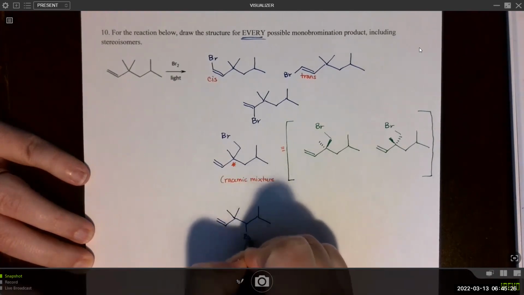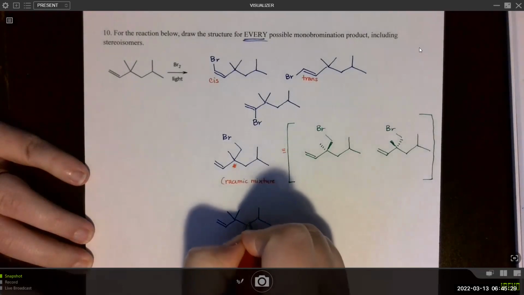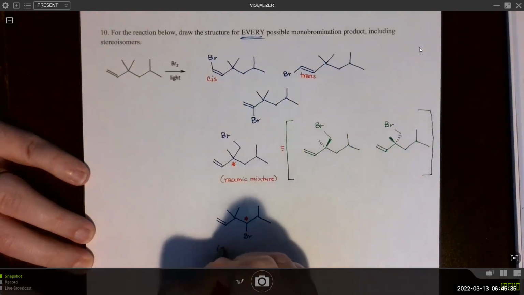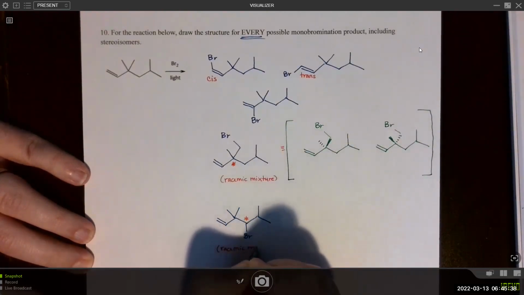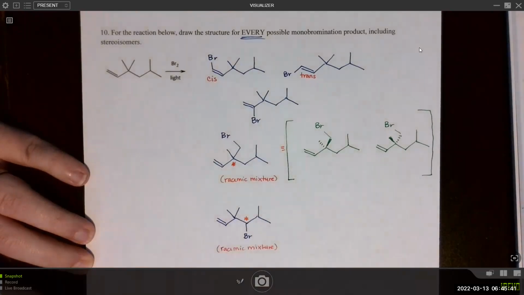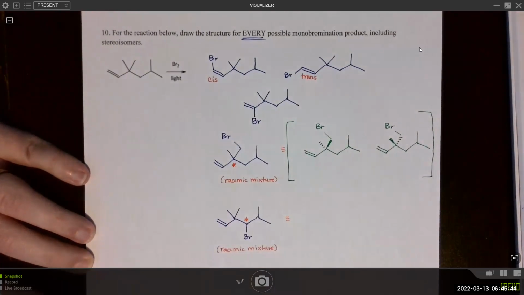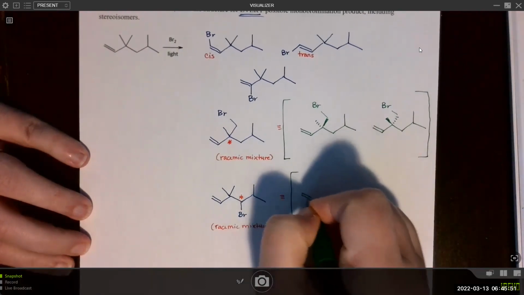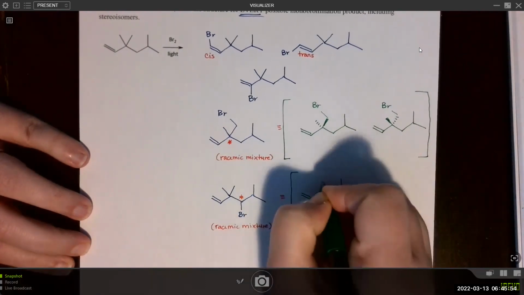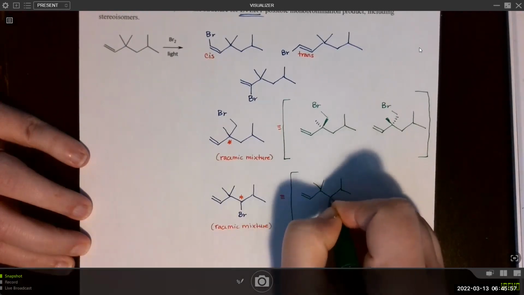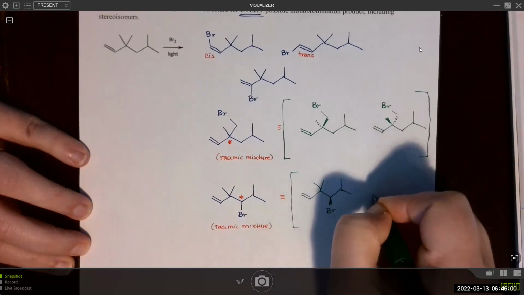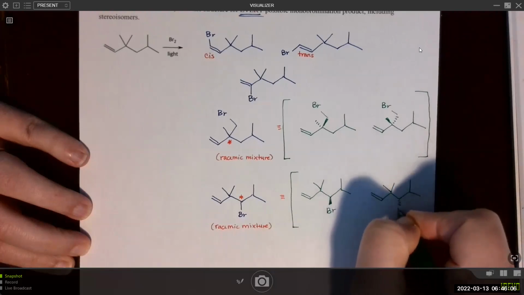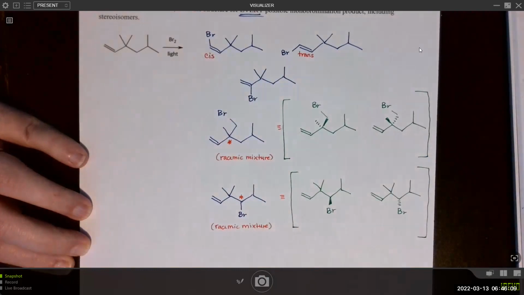You can either just draw it using a regular bond and then put racemic mixture, or draw it out. One way to do that.